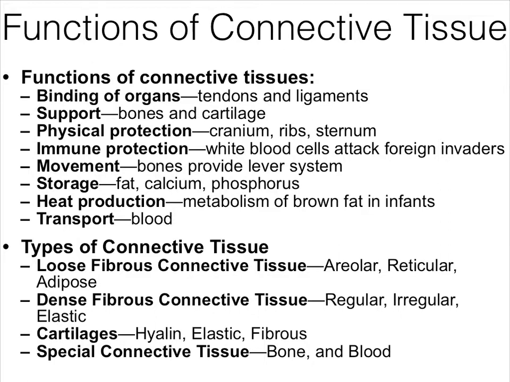Heat production: you actually have a specialized type of fat cell called brown fat, and brown fat's job is not what you would normally think of for a fat cell. It's not primarily there to store fat. The reason why it's brown is because it has a bunch of mitochondria. What do mitochondria do? Well, they make energy.